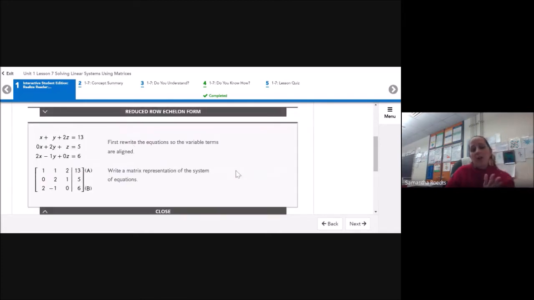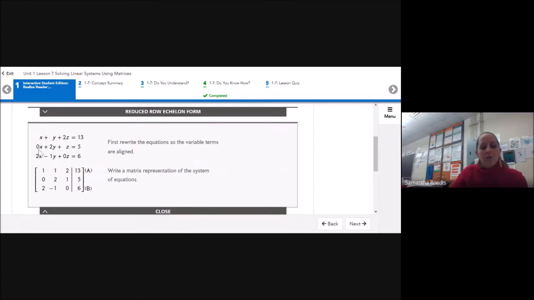So the first thing that I want to do is write this system of equations as a matrix. Okay, so X is 1, because we all know that there is a 1 in front of this X. It's an invisible 1. Same with the Y. There's a 2 in front of the Z, so the coefficient is 2, and then 13.